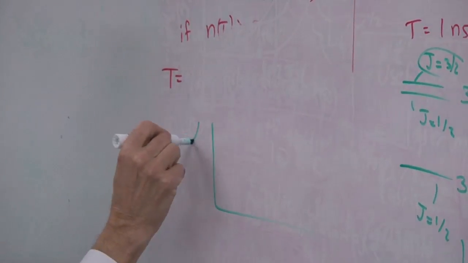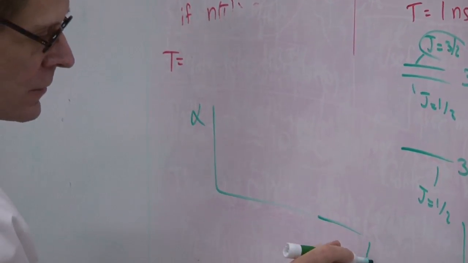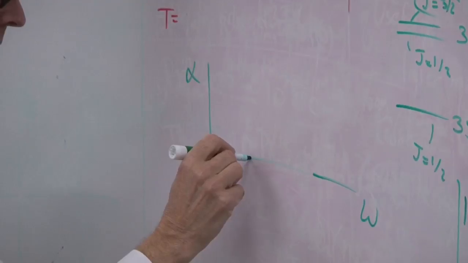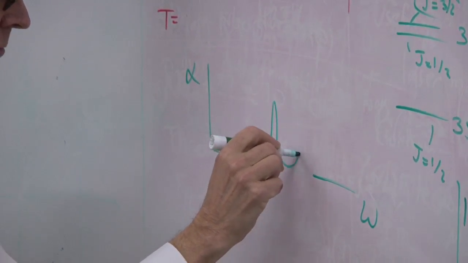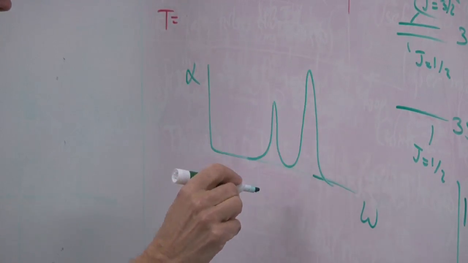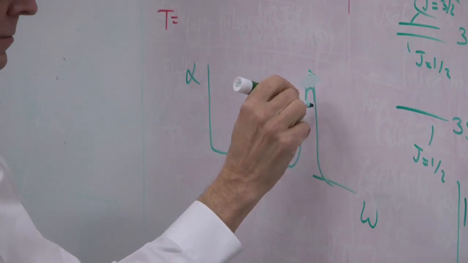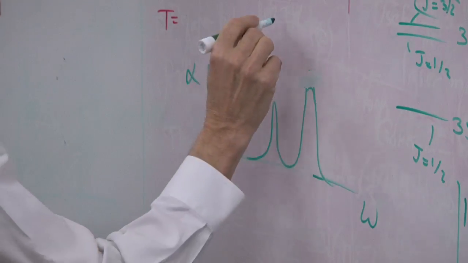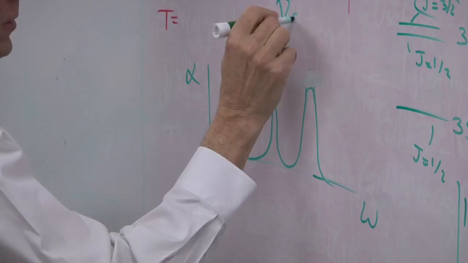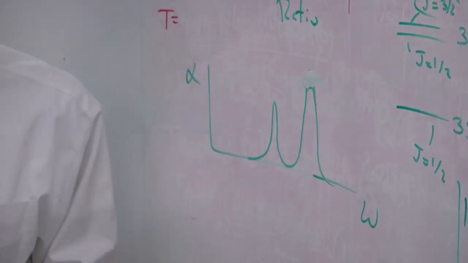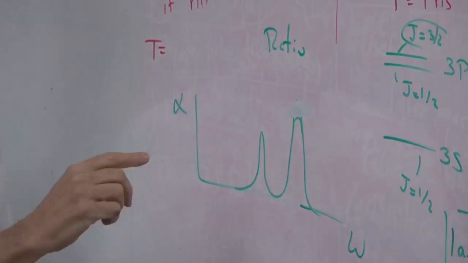measure the absorption as a function of frequency, you're going to get one peak and a second peak. And what is the ratio? I guess if they don't have the same width, it would be the integrated area.